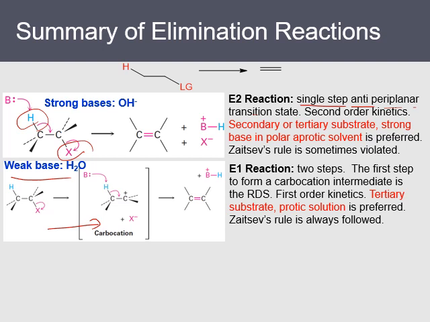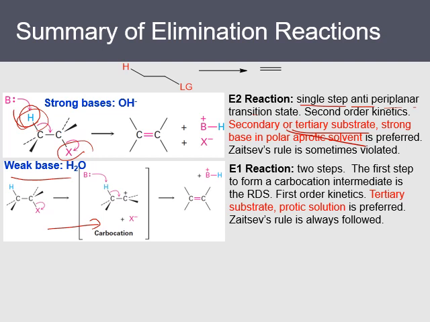A secondary or tertiary substrate with a strong base in a polar aprotic solvent is preferred. This is in contrast to the SN2 reaction, where a tertiary substrate cannot react, but in E2 a tertiary substrate is preferred because the reaction involves hydrogen instead of carbon.